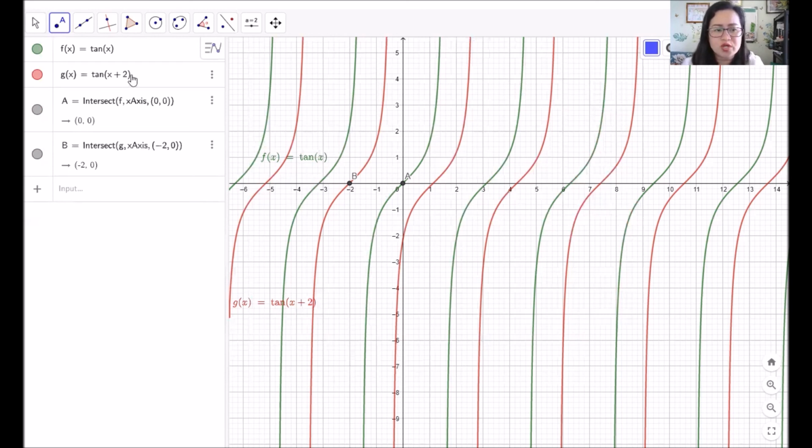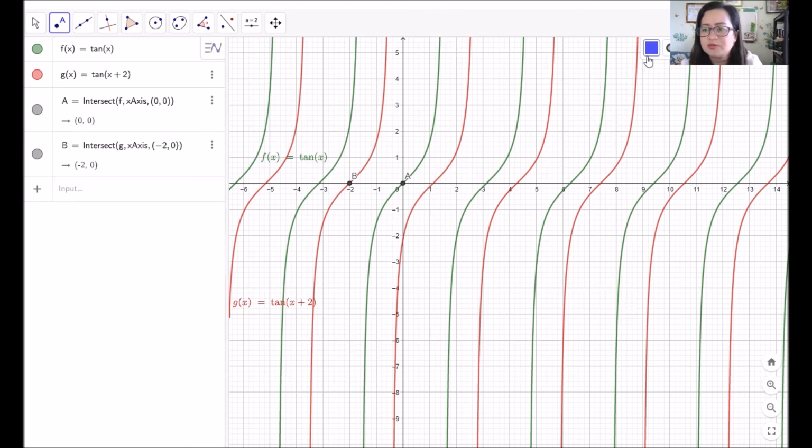So a change in d will have an effect on the domain, of course, because the vertical asymptotes will change. It's like the graph of tangent x is moved to the left 2 units. So definitely there is a significant change in the domain.